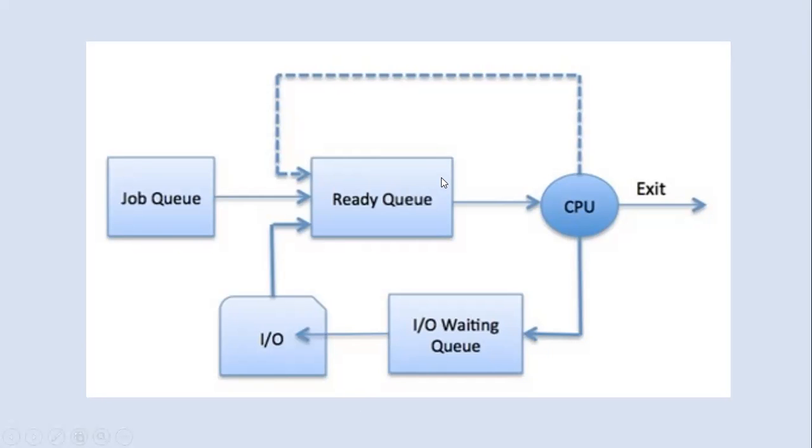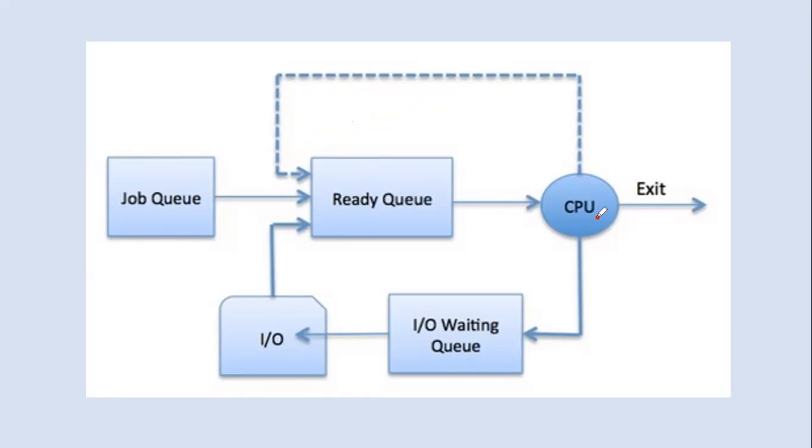My dear students and learners, this is an illustration of these queues that I have already mentioned. So we have the job queue, and a job is placed in a ready queue. From the ready queue, it is taken to the central processing unit to be attended to. In case its time elapses, it's taken back to the ready queue.